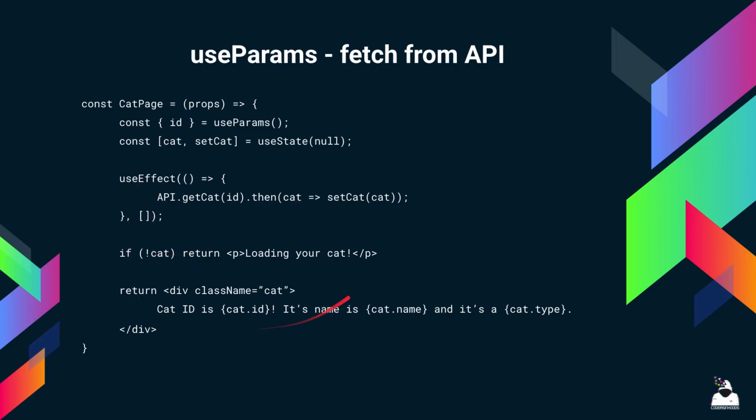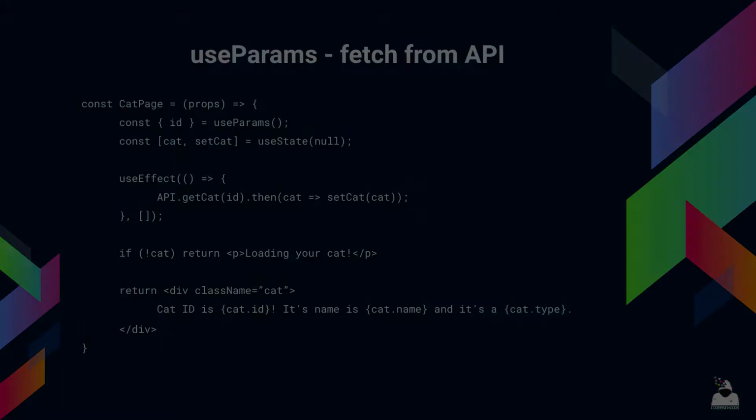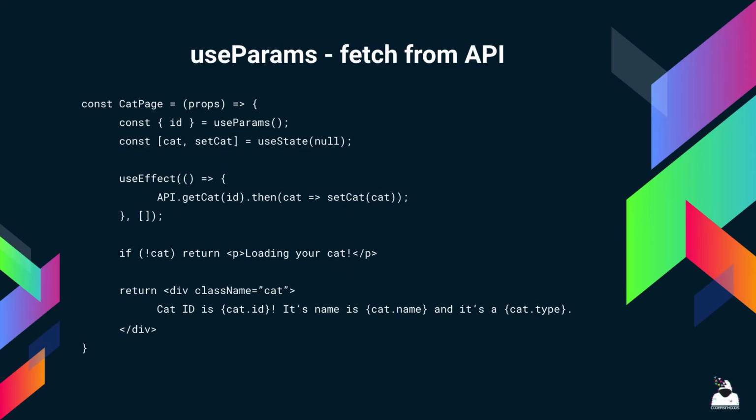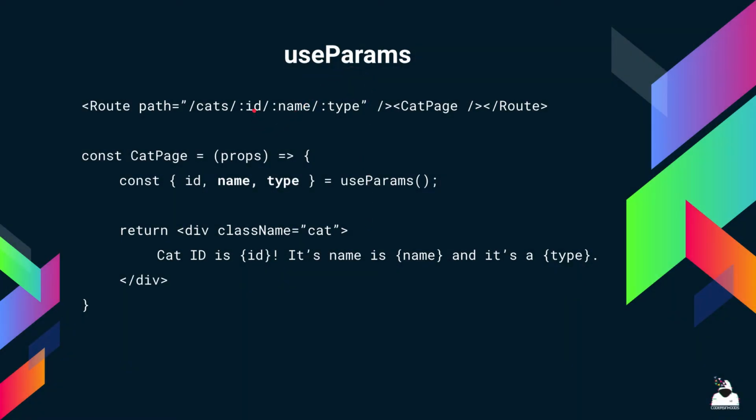So this is what I was saying for the hydration of the page, right? I guess what these two slides are trying to show is, don't go crazy with your data in your URL. The URL, or path, is not the place to put your data. So you have your cuts, you have the ID of the cut, but there is no point in putting the name and the type and other stuff in the URL.